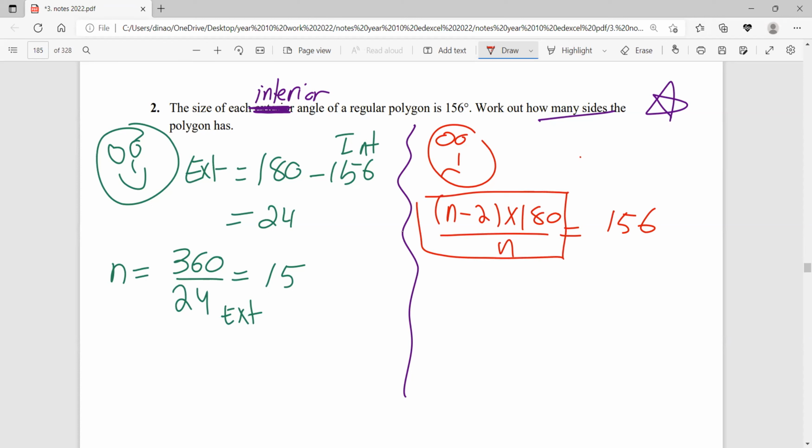Of course I will have to solve it as an equation. I will cross multiply, or move the n by multiplication. So I have n minus 2 times 180 equals 156n.